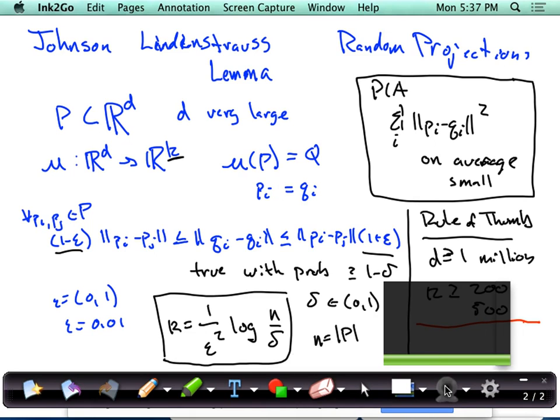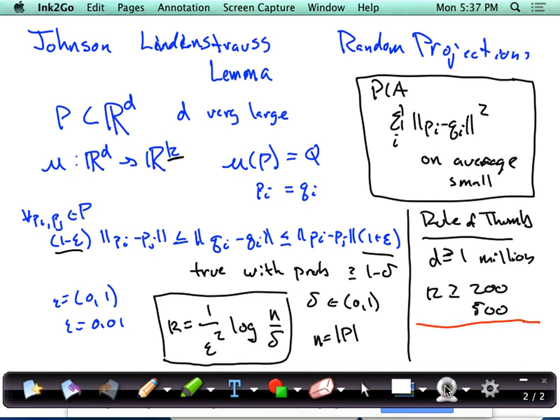Okay. Yeah. So one is you're getting this stronger error guarantee. If you want to do something like nearest neighbor or similarity searching, PCA is not going to have any guarantees. It's doing this on average, so you could completely distort some of these distances.